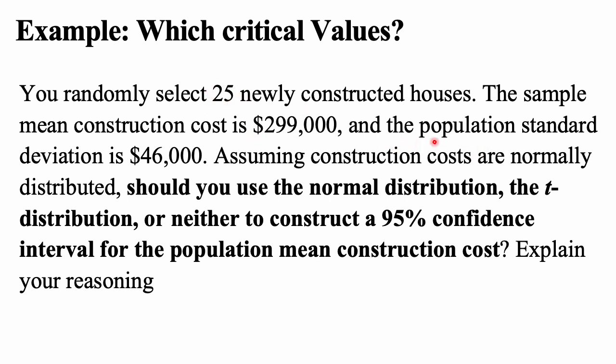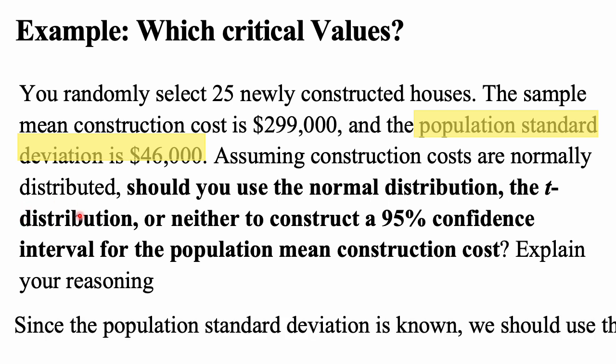Then here they say what, guys? Population standard deviation they give to you this time. Then which distribution do you have to use to find the critical value? Normal or t? You're going to say population standard deviation is known. You should use the normal distribution to find the critical value.